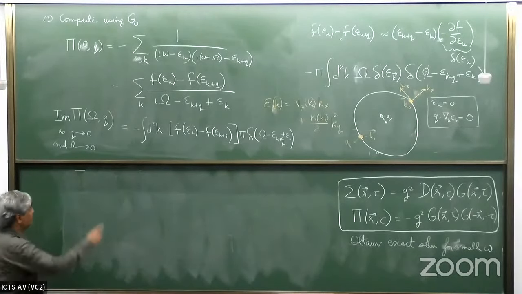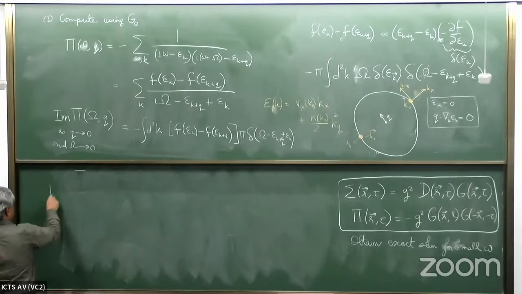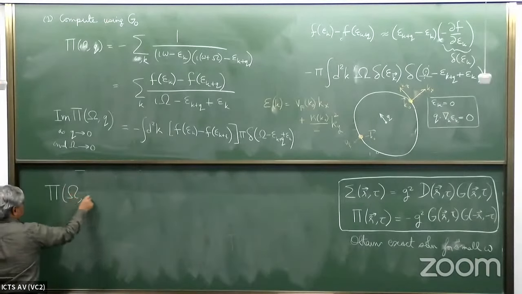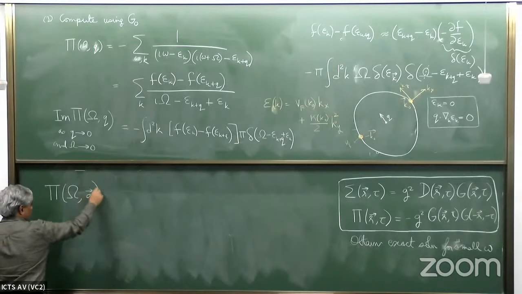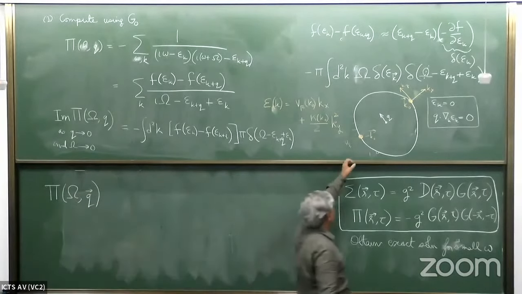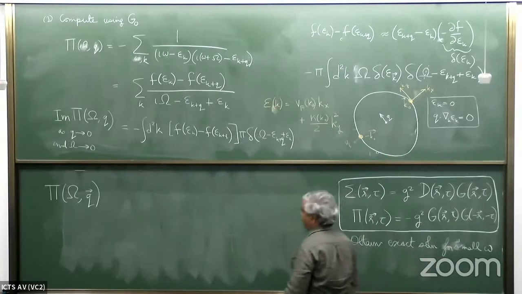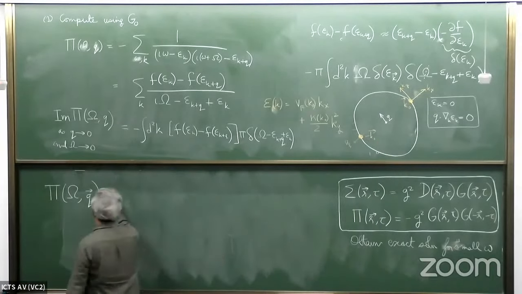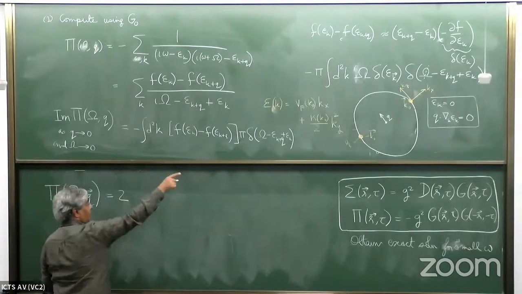So that integral, pi of omega and q, I can approximate to 2 small integrals, one here and one there.